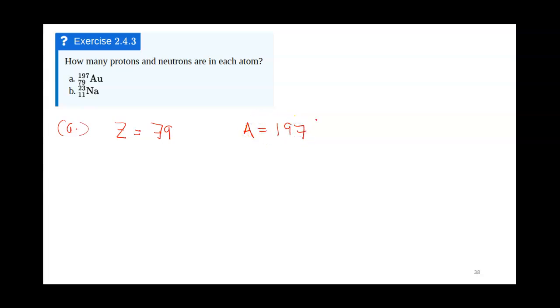And then all we have to remember is that the atomic number is equal to the number of protons, and the mass number minus the atomic number will give me my number of neutrons. So if we keep those things in mind, it's pretty easy to solve these questions.